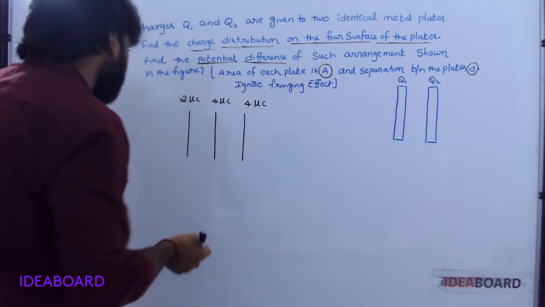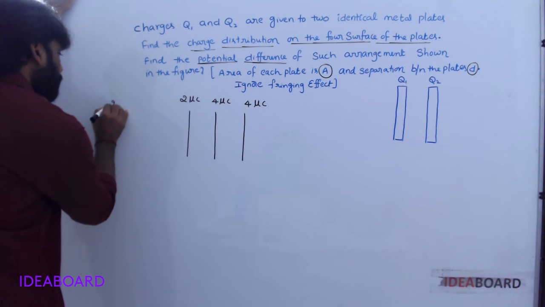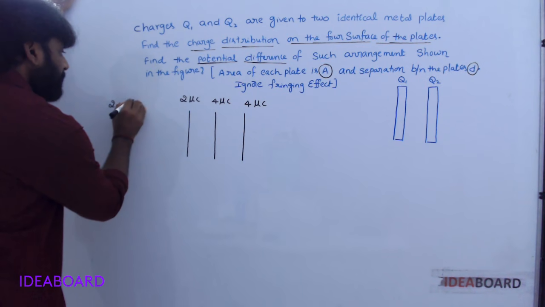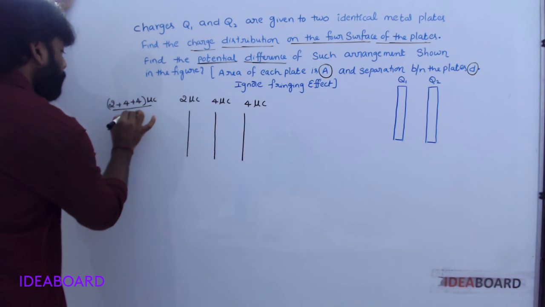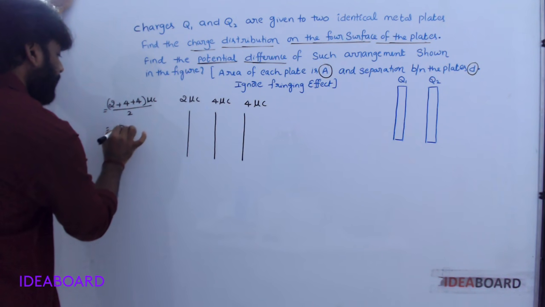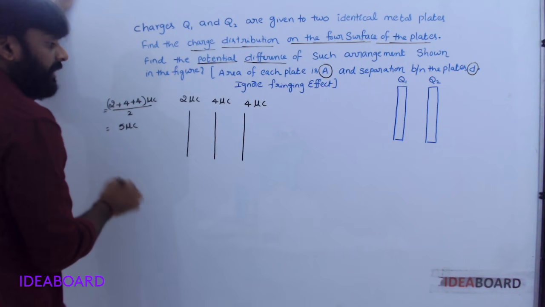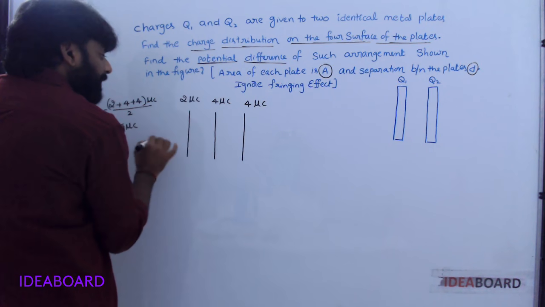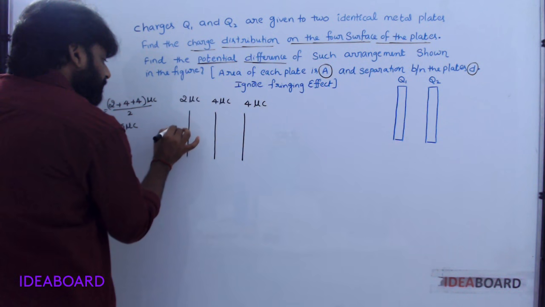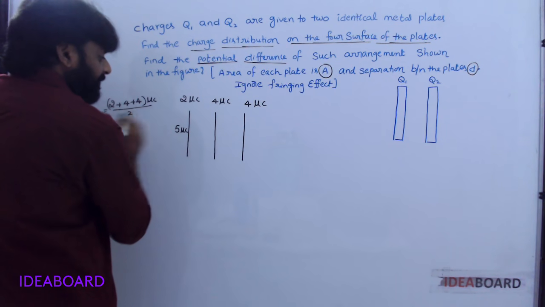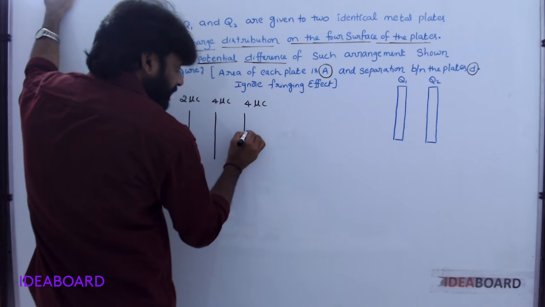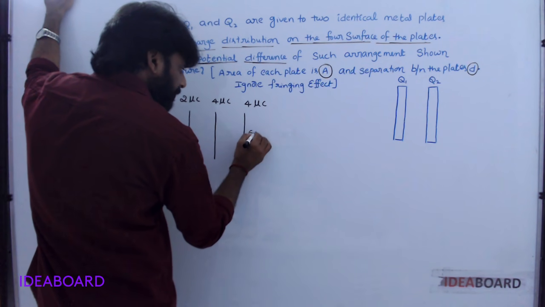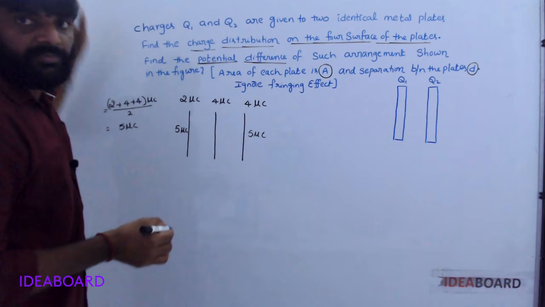First of all, take the total sum, 2 plus 4 plus 4, divided by 2. That gives 5 microcoulomb. That is taken on the outer surface of the first plate on the left side, and the outer surface of the last plate on the right side, 5 microcoulomb.